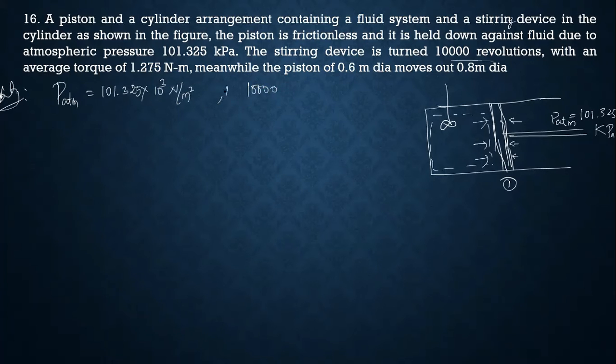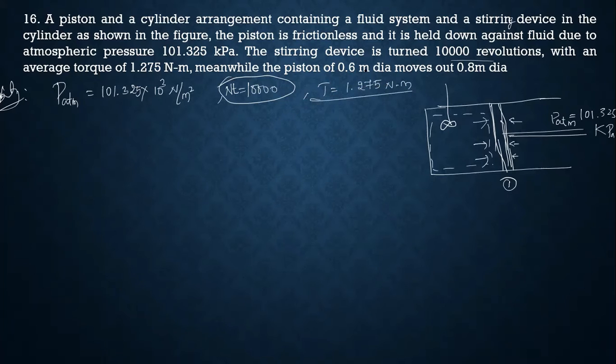That means the given data here is n into t over the stipulated time, and n t is 10,000 revolutions with an average torque of 1.275 Newton meter. This is torque.